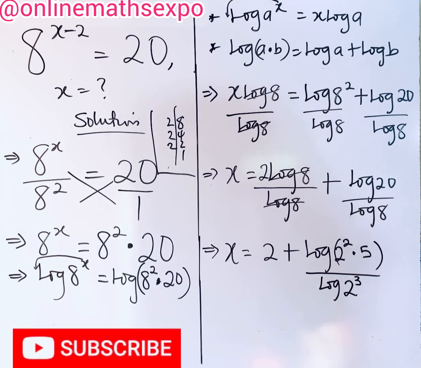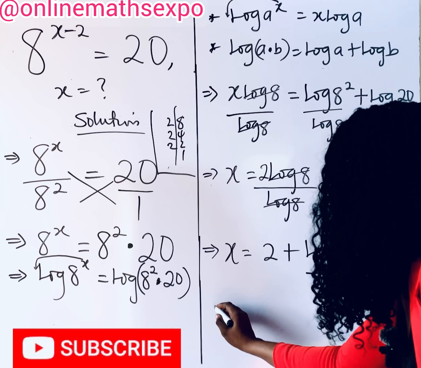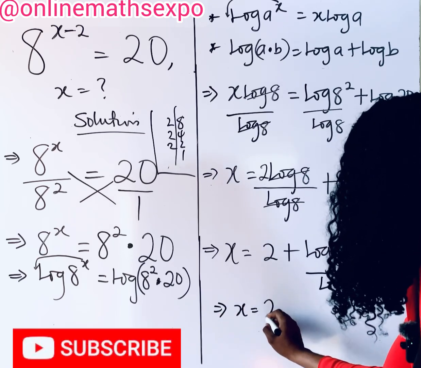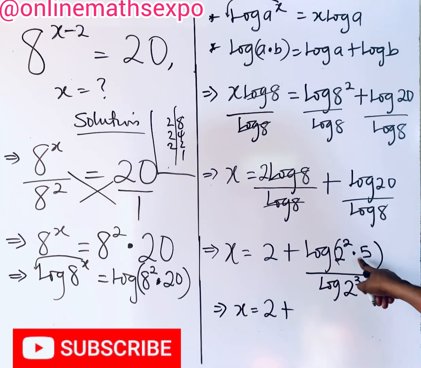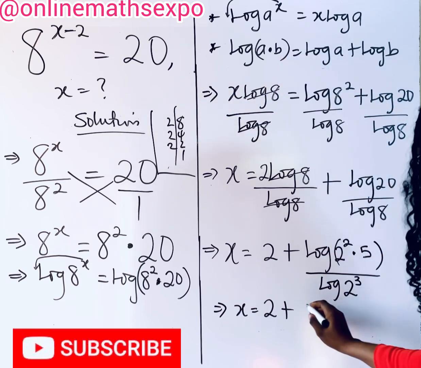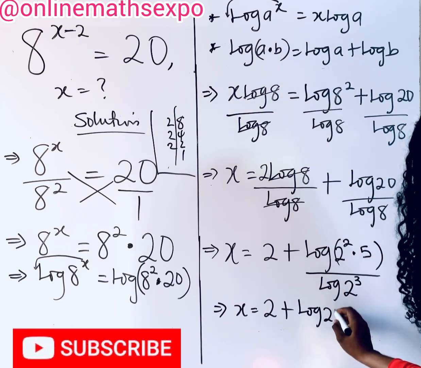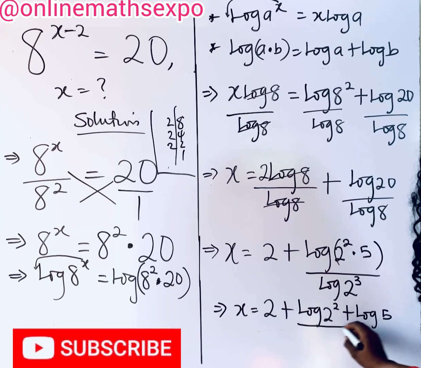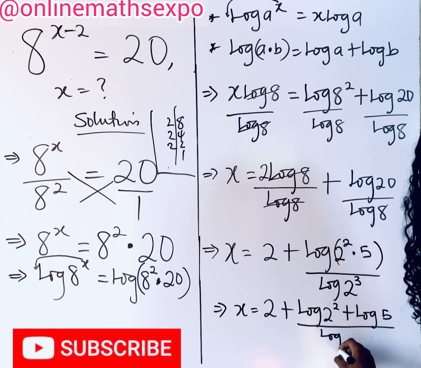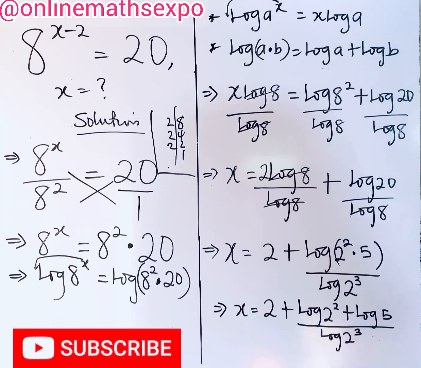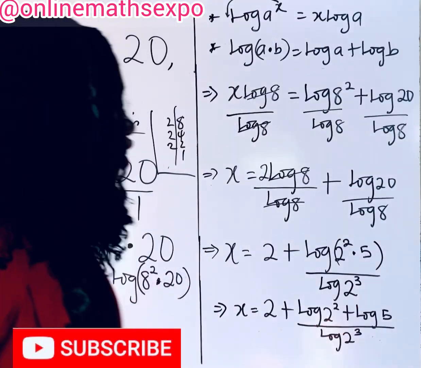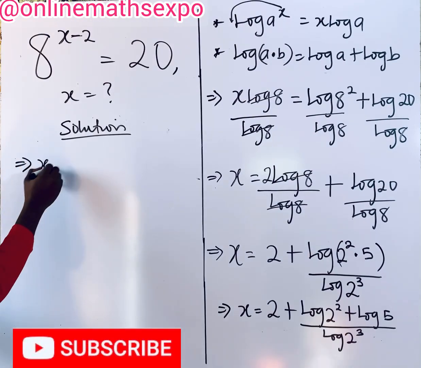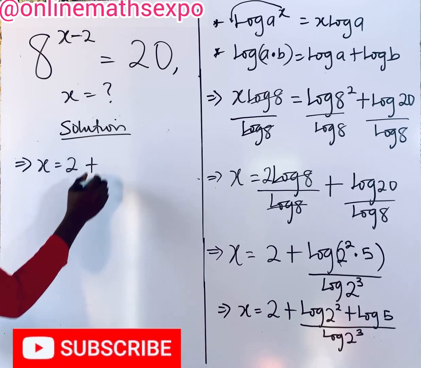We are just simplifying. So if you simplify further, you are going to have x is equal to 2 plus, obeying this rule, log of 2 to the power of 2 plus log of 5, then divided by log of 2 to the power of 3. Simplify further, we are going to now have x is equal to 2 plus.